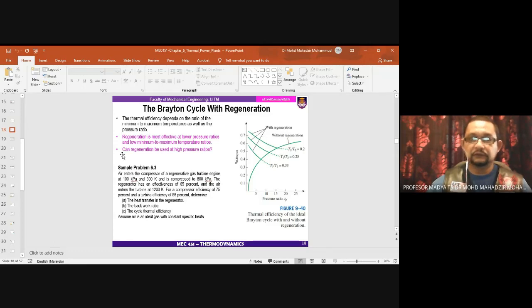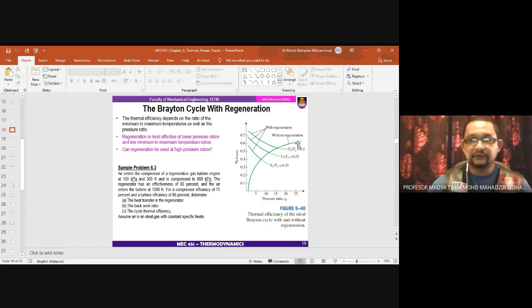So that means you can answer: can regeneration be used at high pressure ratio? Of course, it can. But based on the theoretical and experimental work done by researchers, we can modify it, but the result is just the same as without regeneration.